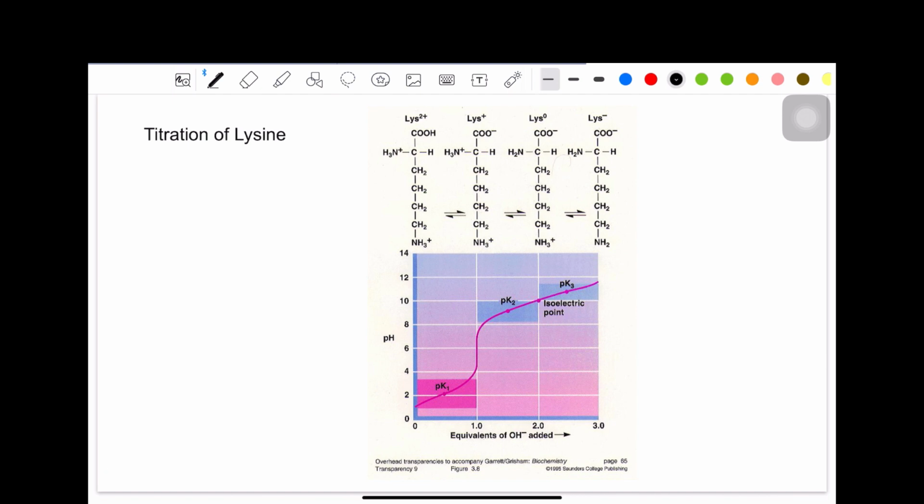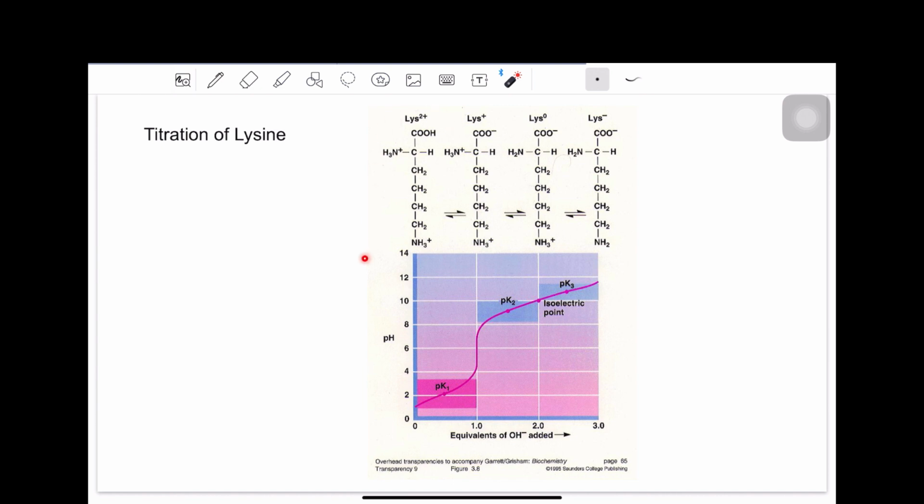Now lysine, we know it is a basic amino acid, so it has a basic side chain. This is the side chain of lysine. Now, at a very low pH, we know that amino acids are cationic. And what is the net charge on the lysine molecule at a low pH, when pH is lesser than 2?